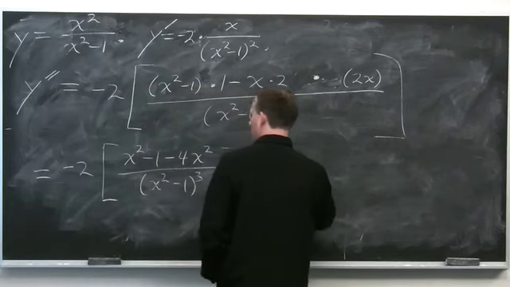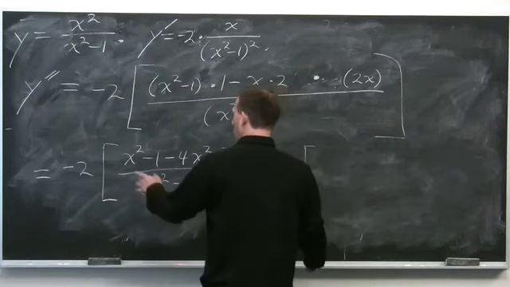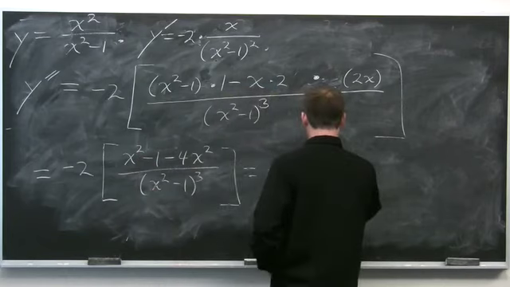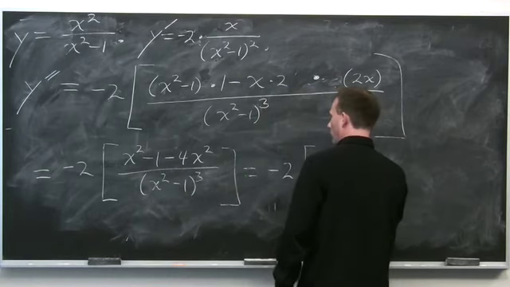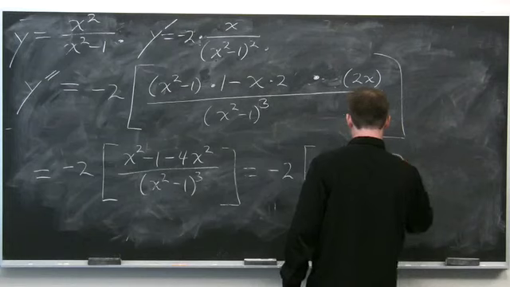This is minus 2 times, we get a minus 3x squared minus 1 over x squared minus 1 cubed.